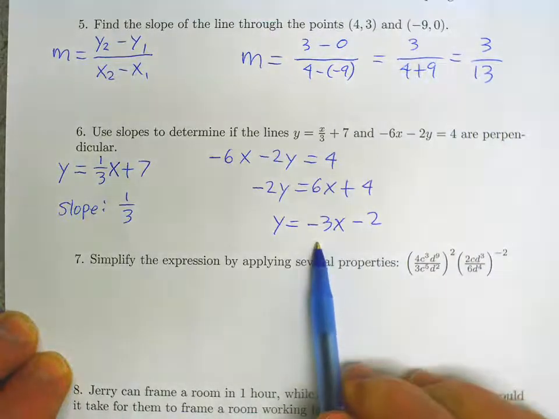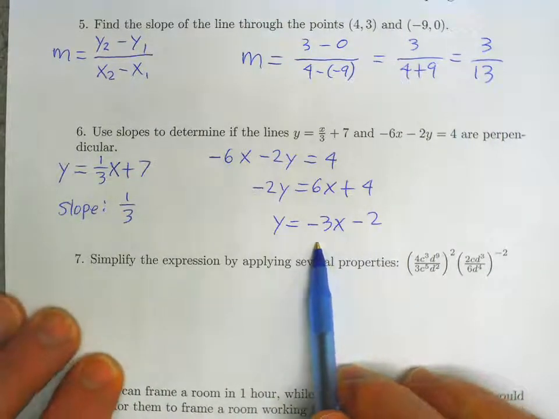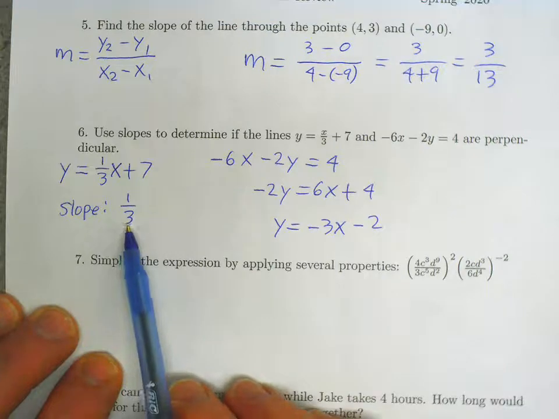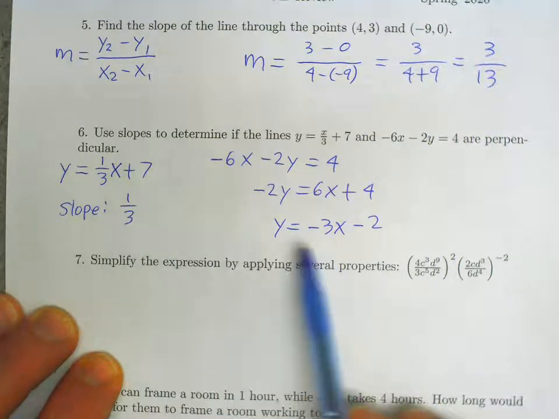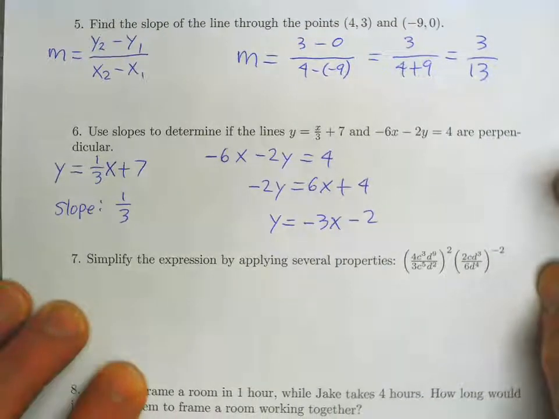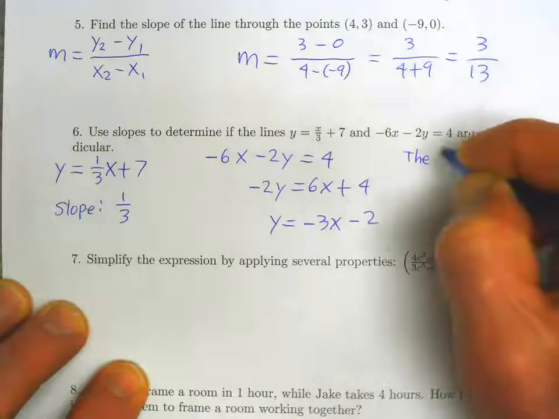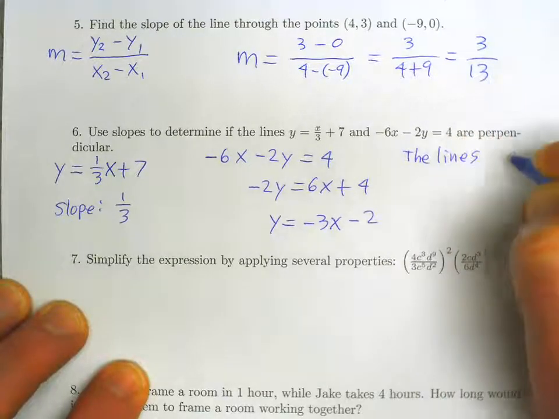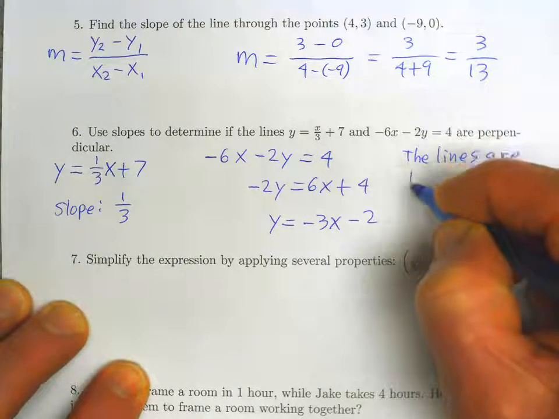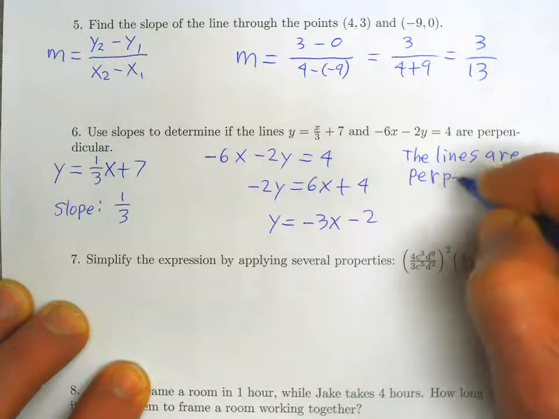Okay, so the slope of the second line is negative 3. Since the two slopes are negative reciprocals, the lines are perpendicular. So we'll write the lines are perpendicular because the slopes are negative reciprocals.